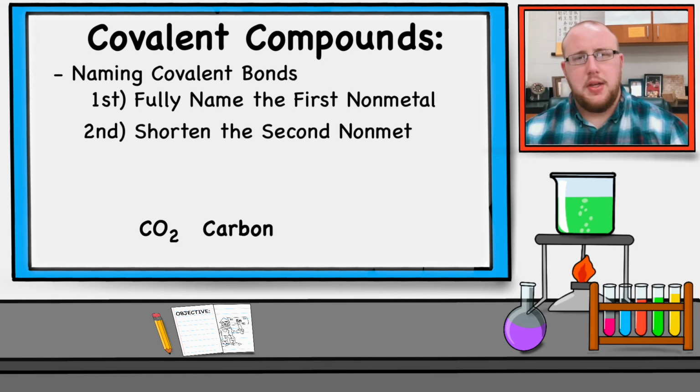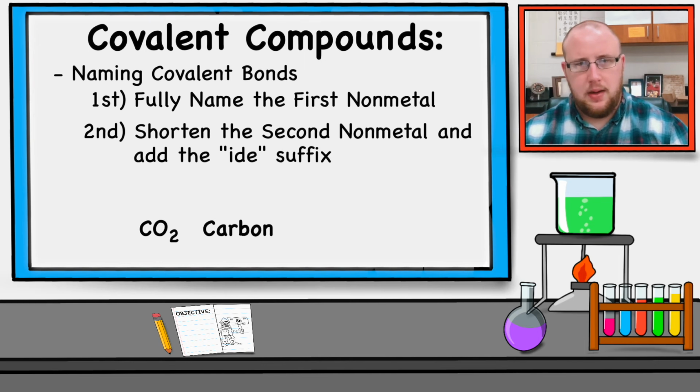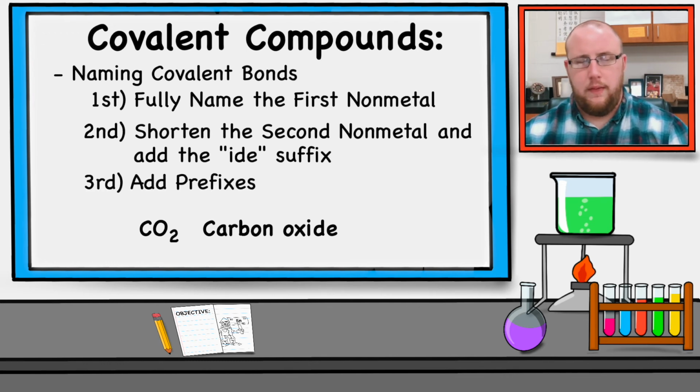Then we shorten our second one, put the "ide" ending, so that'd be oxide. Then, if we remember back from our covalent bonds, we add prefixes to tell us how many there are of it. So CO2, there's 2 oxygens because of the subscript 2. The prefix for 2 is di, so that'd be carbon dioxide.